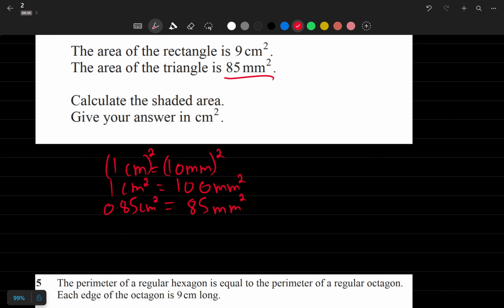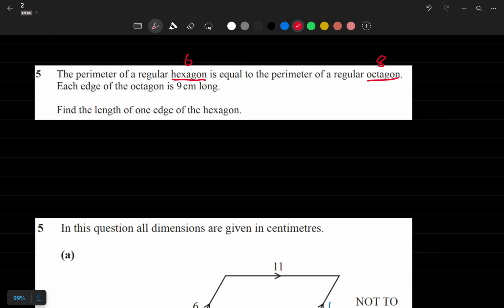The perimeter of a regular hexagon is equal to the perimeter of a regular octagon. Hexagon is a polygon with 6 sides and octagon is a polygon with 8 sides. Each edge of octagon is 9 centimeters long. So octagon is 8 multiplied by 9 centimeter of each length, which is equal to 8 nines are 72 centimeter.